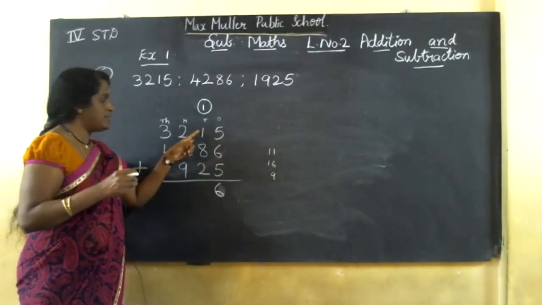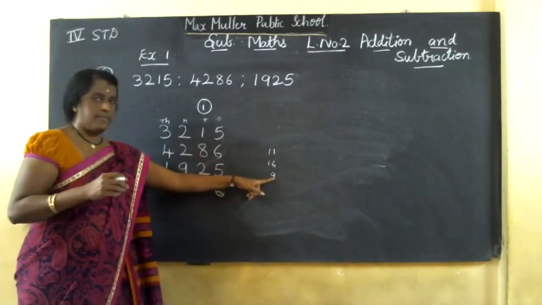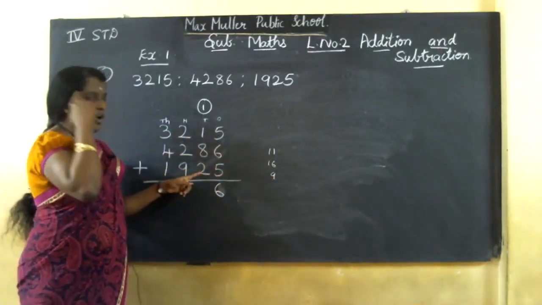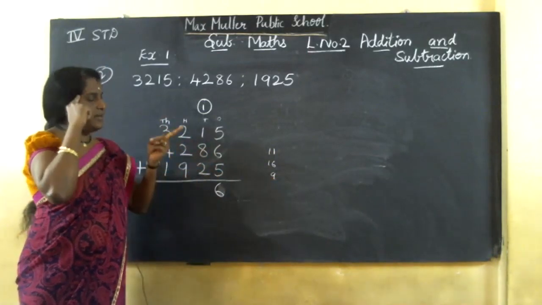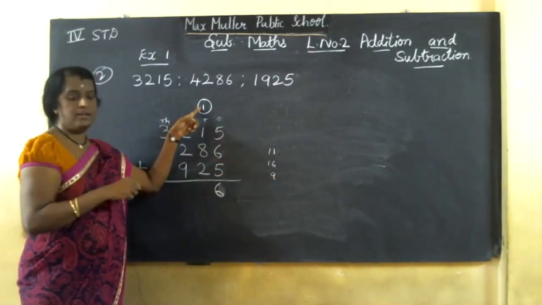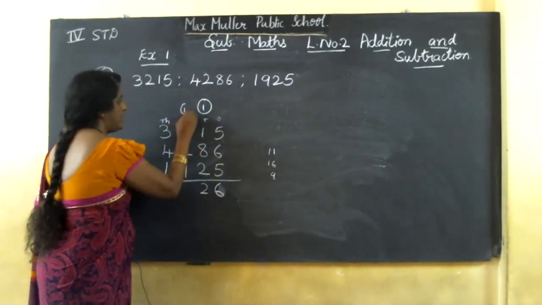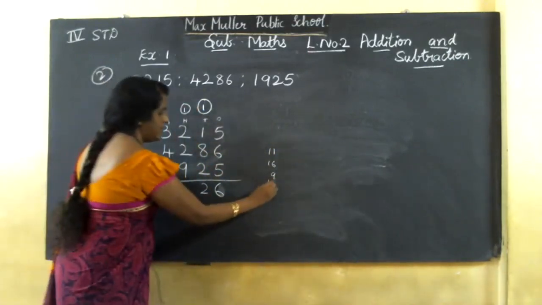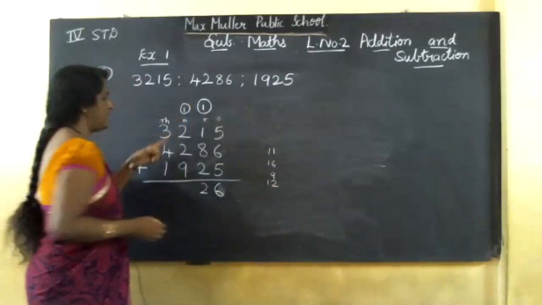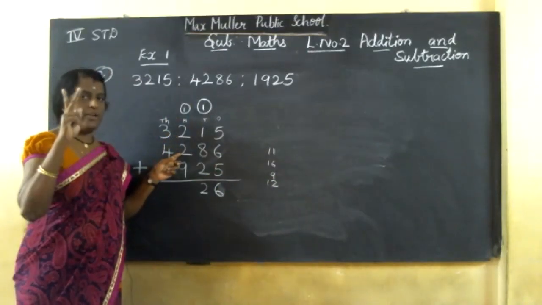See, when you add this 8 plus 1 plus 8, 9. 9 in the mind, 2 on my finger. After 9: 10, 11, plus 1, 12. See, 12 it came, 1 carry. 2 here, 1 carry. So 2 in the mind, 2 on my finger.